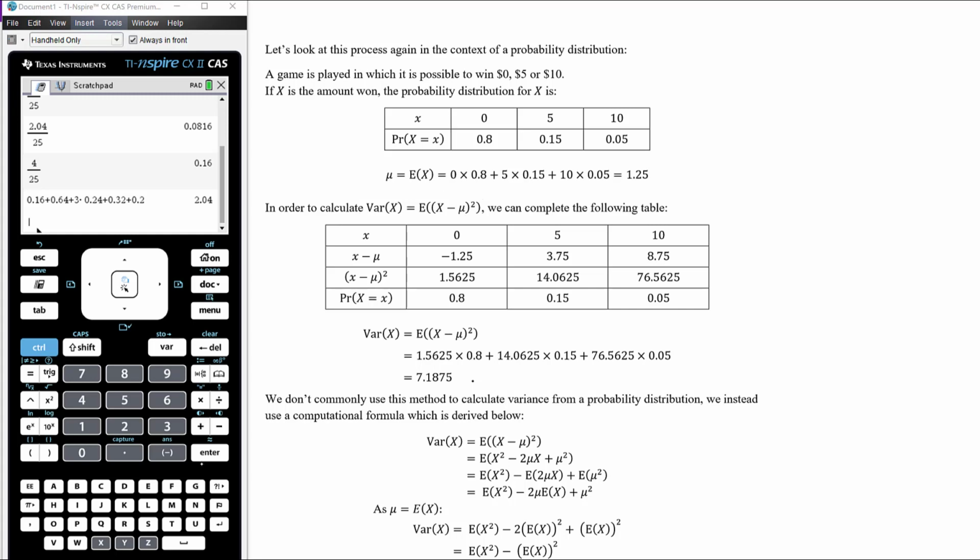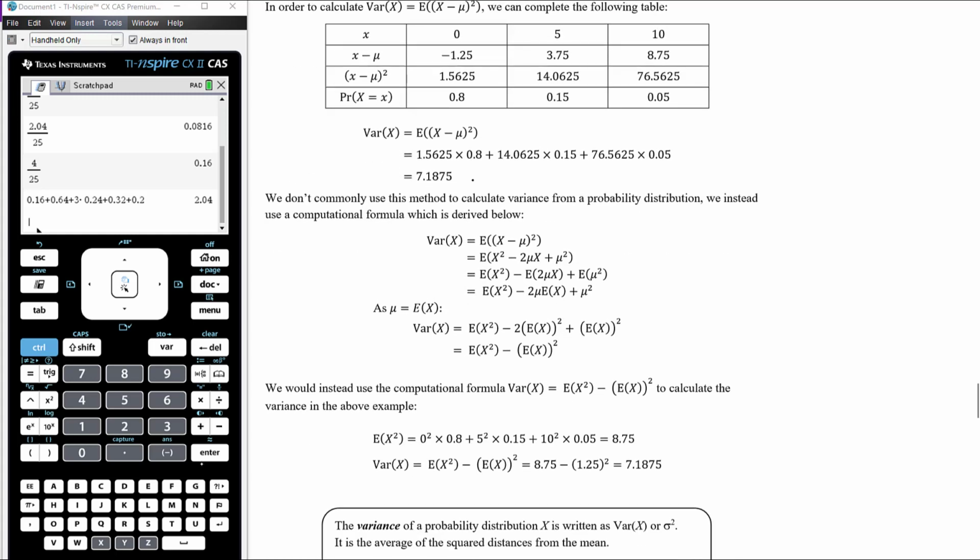We can actually use something called the computational formula, and that's sort of derived here. If you think about the fact that the variance of X is the expected value of X minus the mean squared, if we expand out that perfect square, X squared minus 2 times the mean times X plus the mean squared, and then if we're calculating the expected value of these three things added and subtracted together, we can just do the expected value of each.